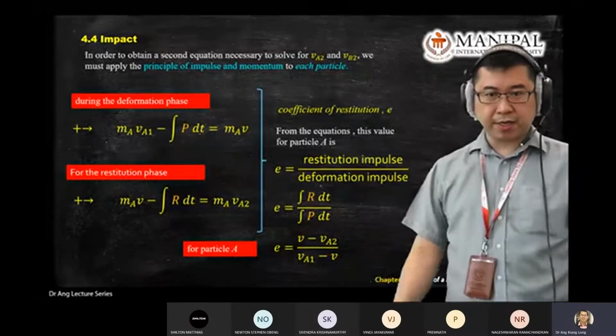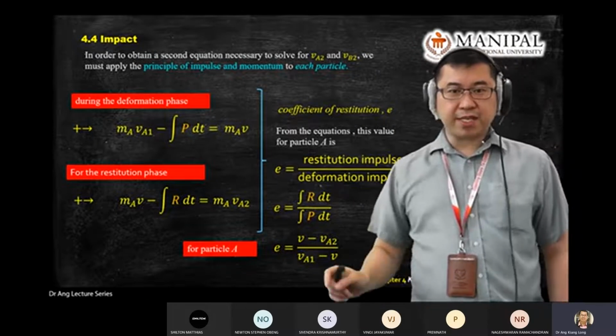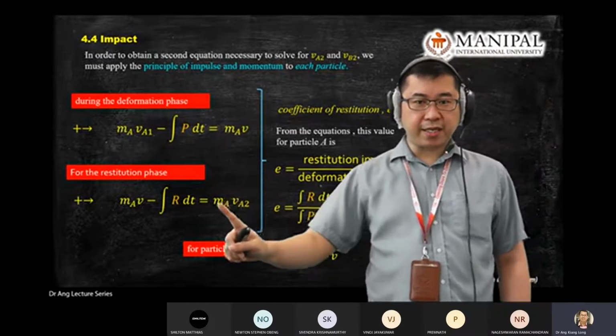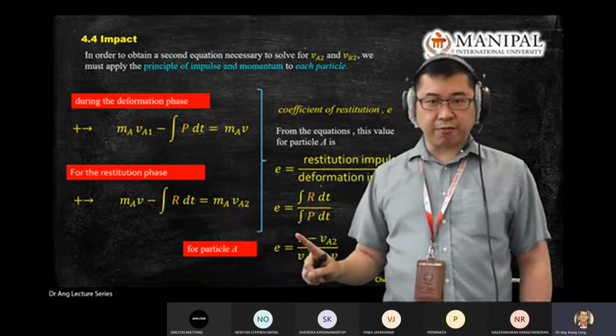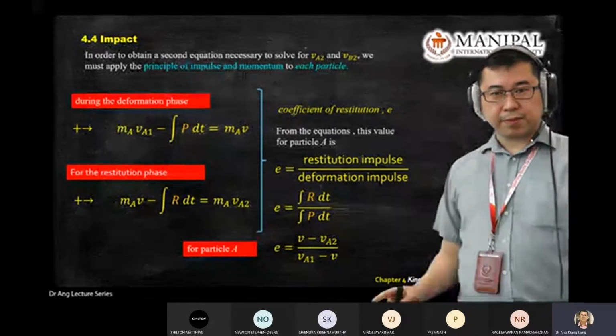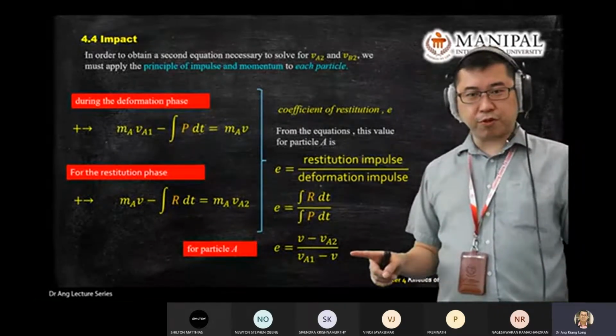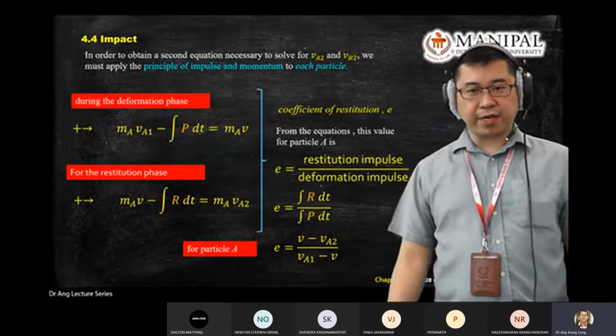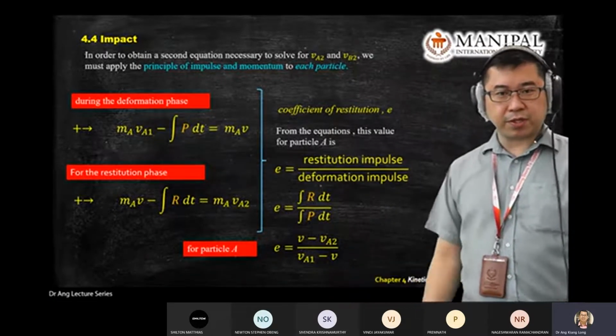Why this equation? The mass is gone because mass A equals mass A, so in front here, you cancel the MA. I move a bit faster. From here to here, I straight away give you the final equation.